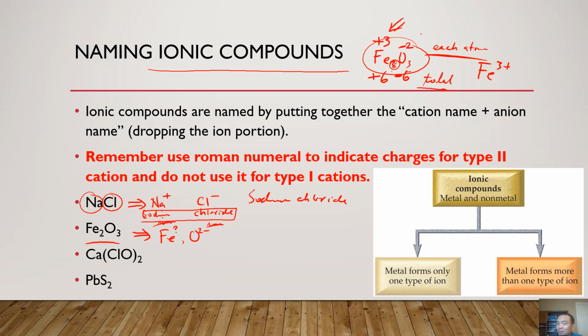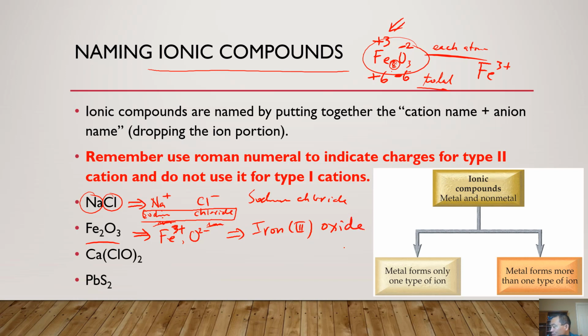So the positive charge should be balanced out by the negative charge. So we do know it's Fe3 plus. Why do we need to calculate this charge? Because we know it's a type 2 ion. We have to indicate the charge using Roman numeral. So for this one, Fe3 plus is called iron 3 ion. Again, we're going to drop the ion portion when you name the compound. And the O2 minus is oxide. But we drop the ion portion.